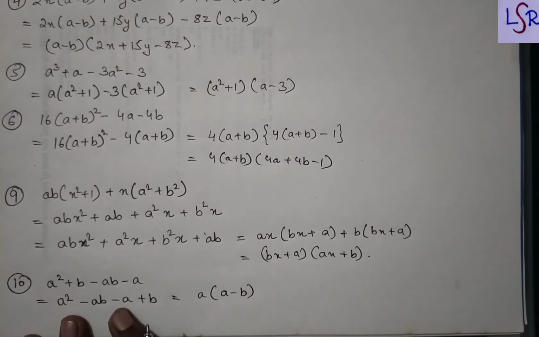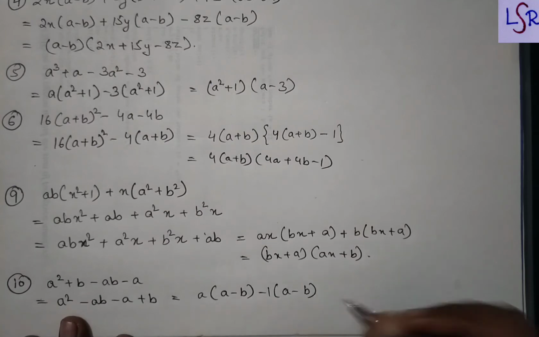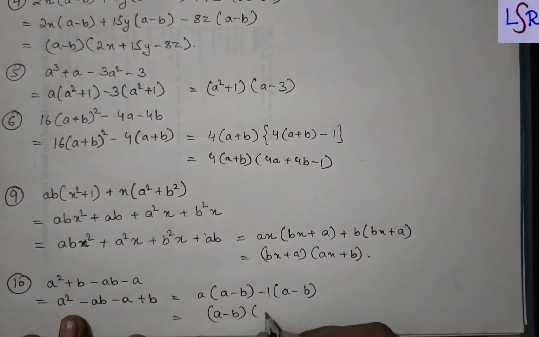And now from these two we can take minus 1 as common, and after taking minus 1 as common you will be left with a minus b. Now the brackets are the same, so we can take the bracket a minus b as common, and here we will be left with a minus 1. That's the answer for this question.